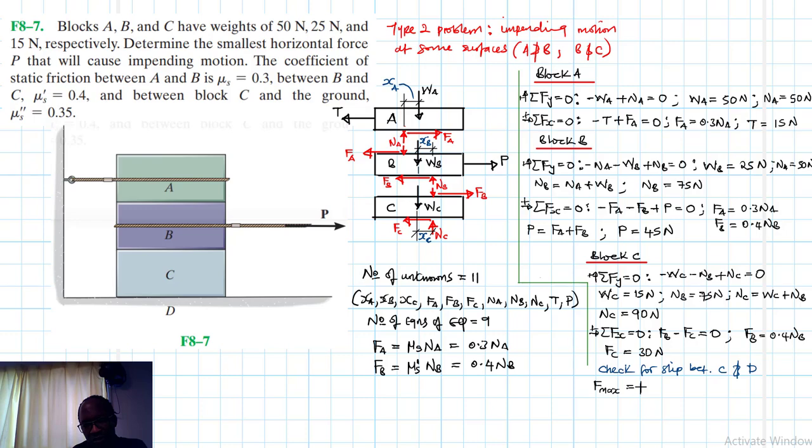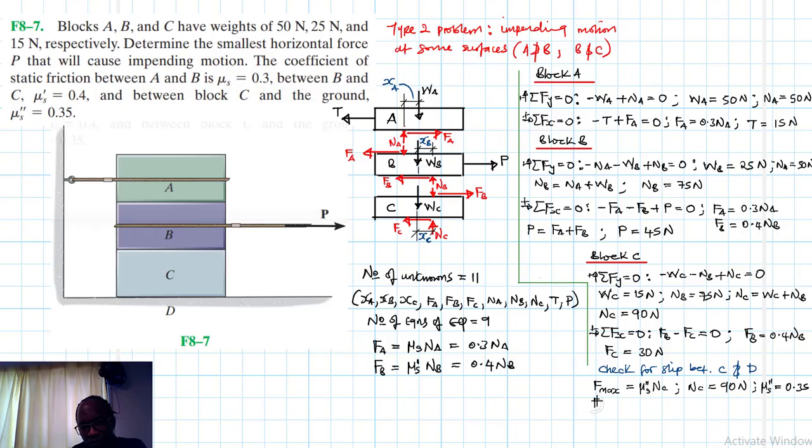So F maximum is equal to mu double prime S times NC, and we know that NC is equal to 90 newtons. Mu S double prime is equal to 0.35.